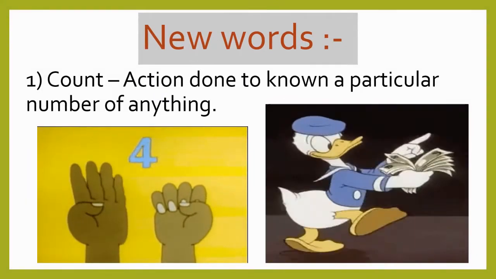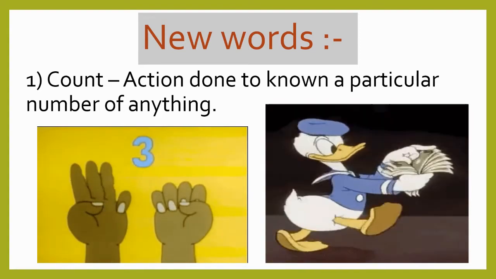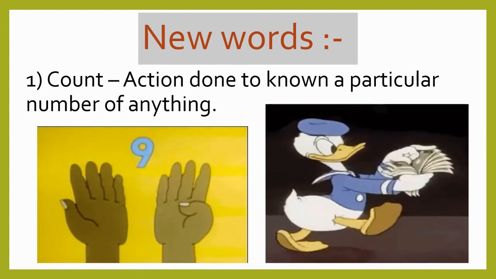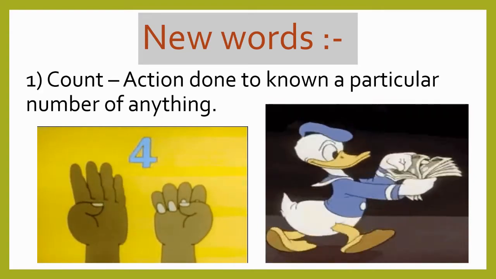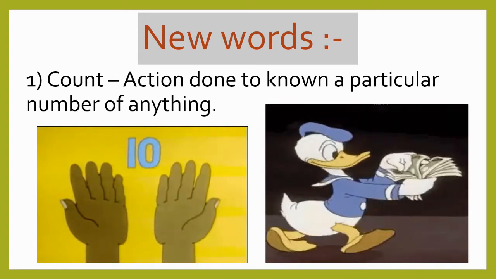We read the story. Now let's see the new words from the story. The first new word is count. Count means action done to know a particular number of anything. As you can see in the first video, the counting of fingers, and in the second video, the counting of money.